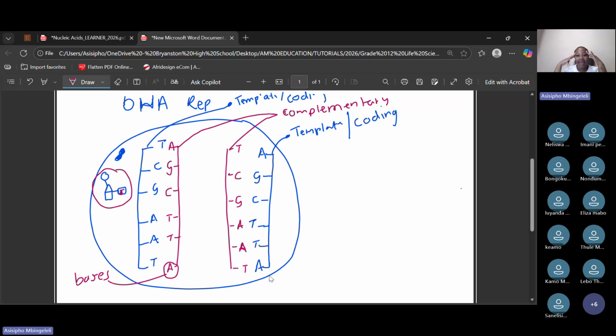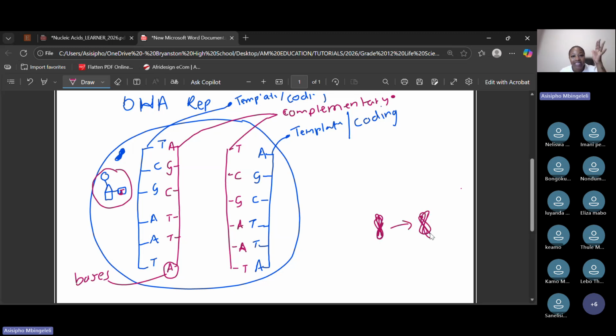But what do we have? Let's analyze what we have. We started with one molecule which had two strands, the blue ones here. Both these strands acted as a template in order for us to form new strands which are complementary strands. Remember, we said our goal is for DNA to make a copy of itself, and a DNA is a molecule.